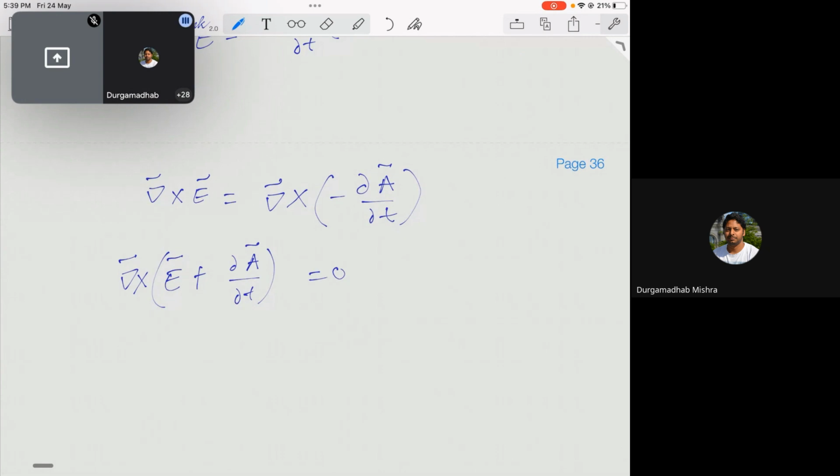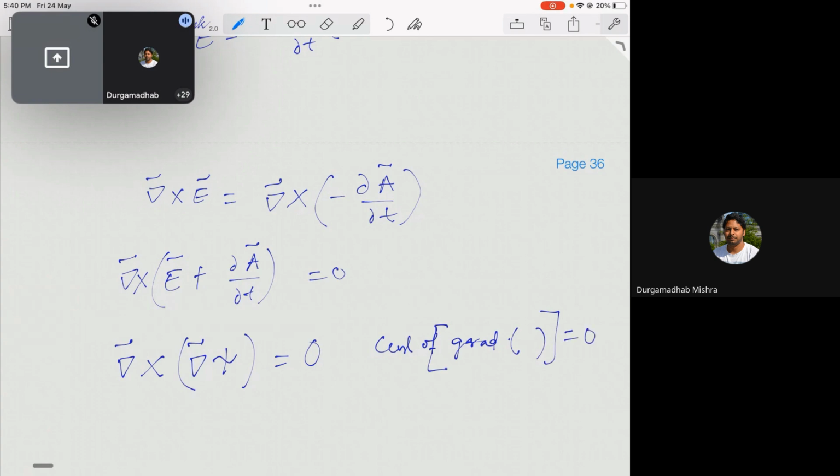But we also know that if I take the curl of the gradient of any scalar function, psi, which is a scalar, the curl of a gradient is always 0. That is true as a vector identity.